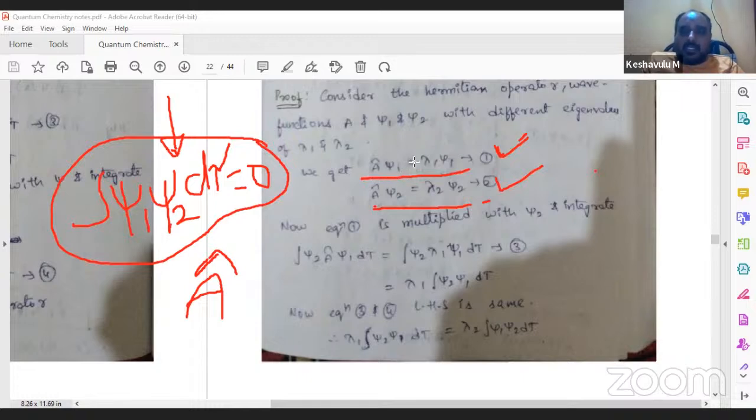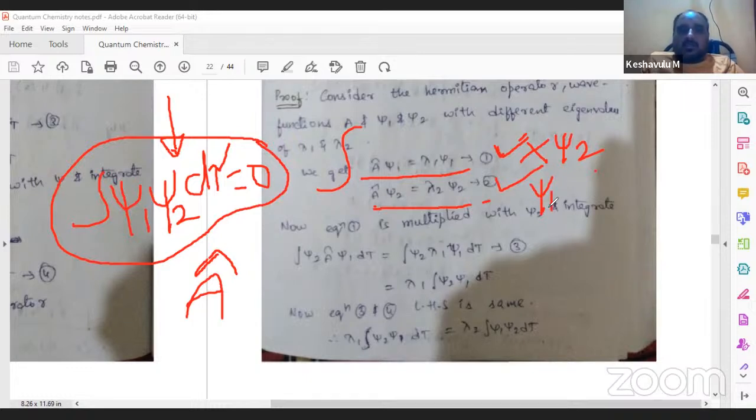wherever psi 1 is there, now we are going to multiply it with psi 2. The equation with psi 1 is multiplied with psi 2, and we don't just multiply and leave it; we also integrate within the limits d tau. Similarly, equation 2 will be multiplied with psi 1 and integrated within the limits.